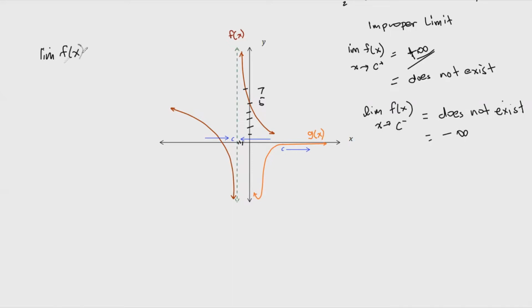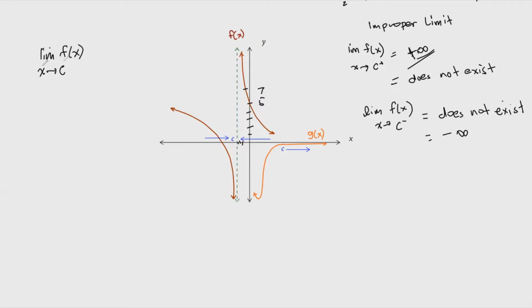Okay, and with that, if we need to find the limit of f of x as x approaches c, the difference between this limit and these two here is that I am referring to the right hand limit and the left hand limit there. But in this case, I'm referring to the two-sided limit, meaning it should be in consideration of both the right and the left hand limit.